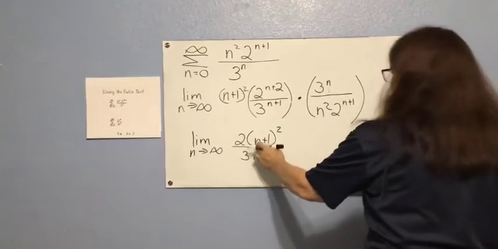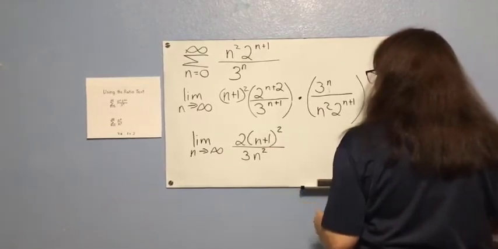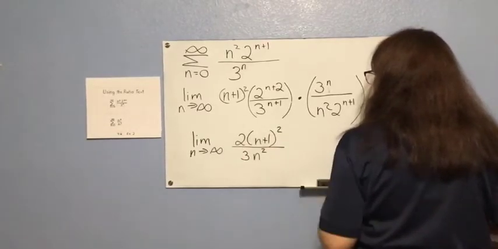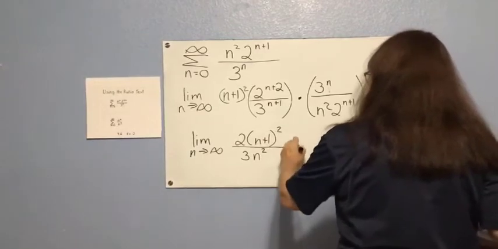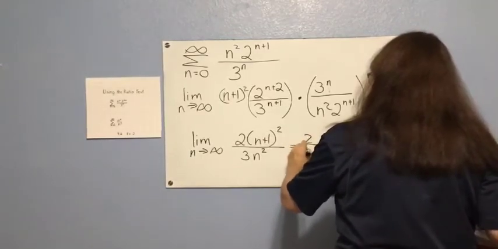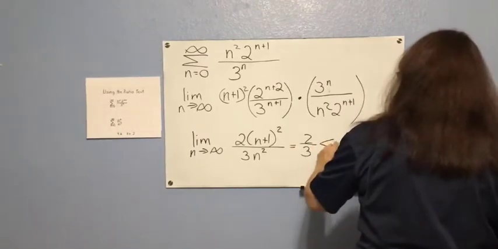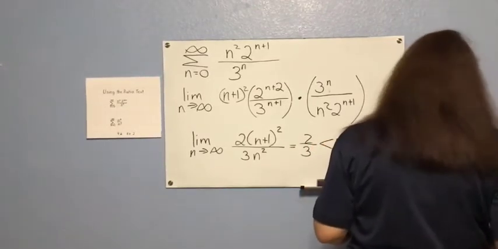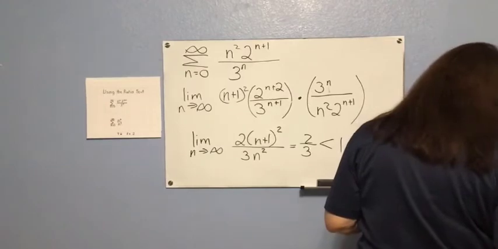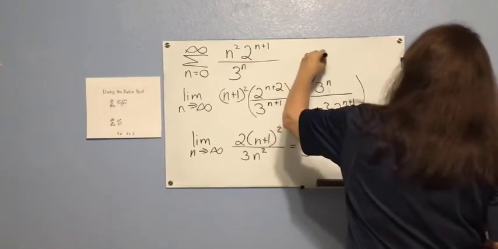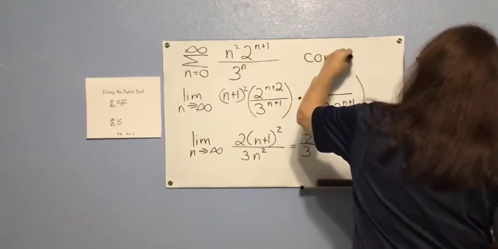Okay, I have equal powers of n here. So as n goes to infinity, they kind of cancel out, and I'm left with 2/3 for my limit. This is also less than 1. So on this series, I can say that it converges.